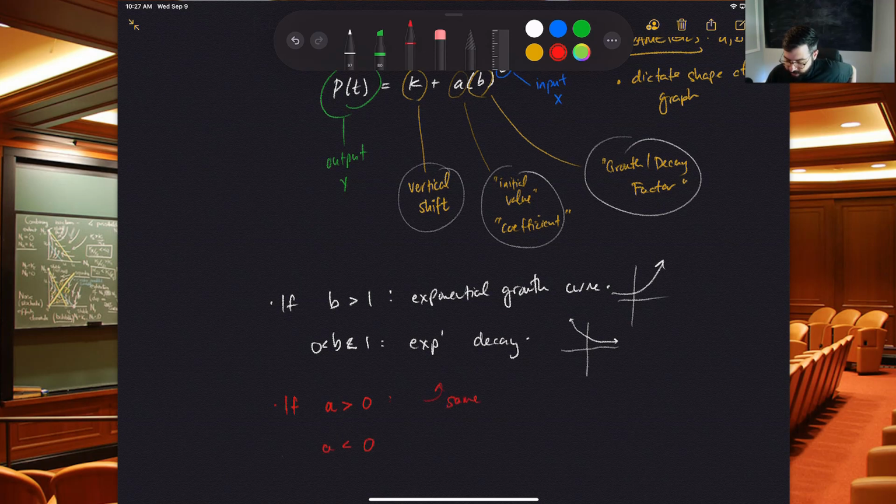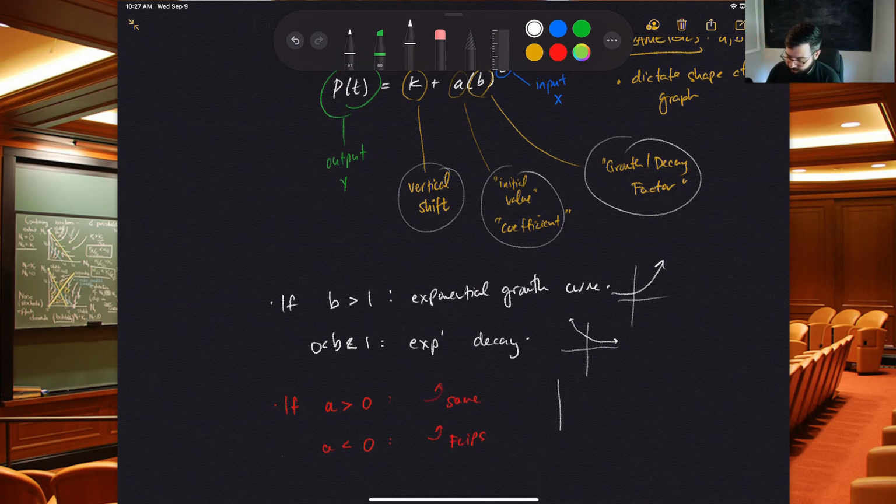If A is negative, the stuff flips, because now we're saying, well, you were increasing in the positive direction, but if A is negative, that means each time this thing's growing, it's being multiplied by, let's say, -2. So it's going to take that output that was increasing and flip it across.